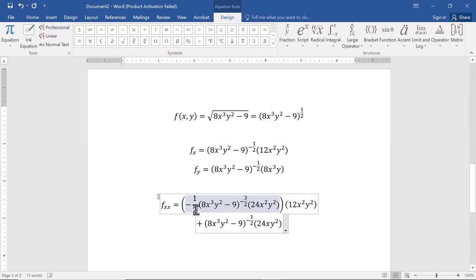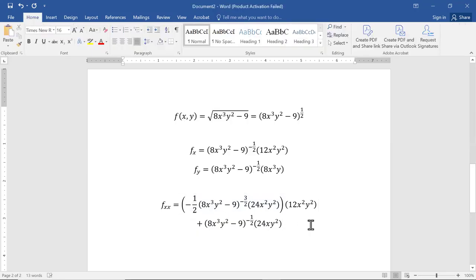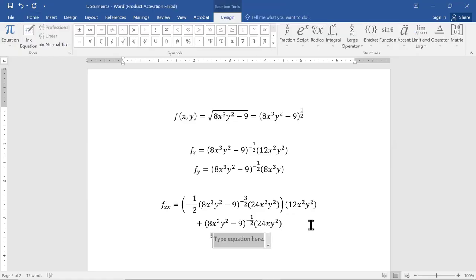I'll clean this up a little bit. So I'm going to take negative 1/2 times 24x squared y squared times 12x squared y squared. That gives me negative 144 times x to the 4th times y to the 4th.